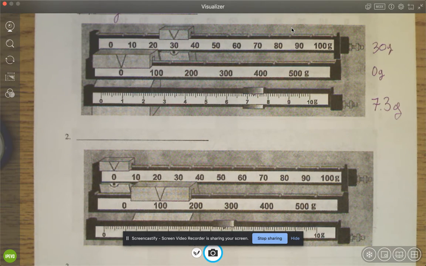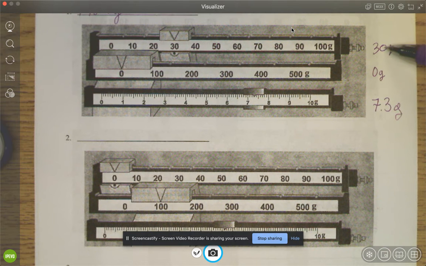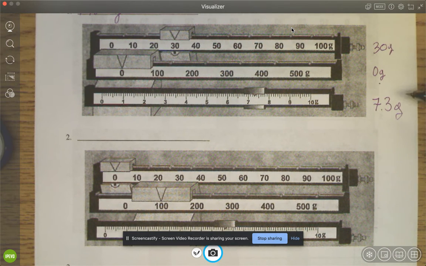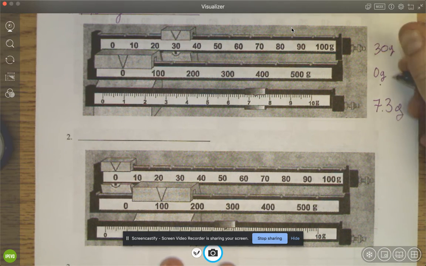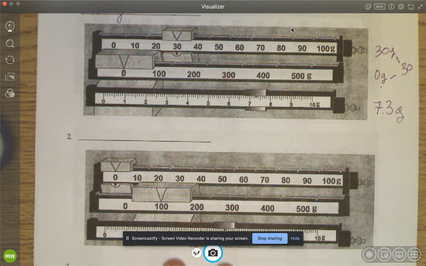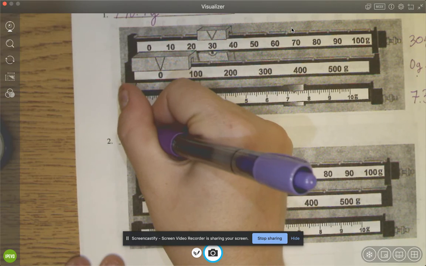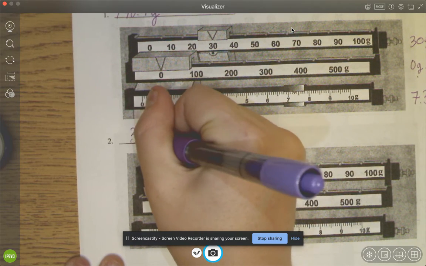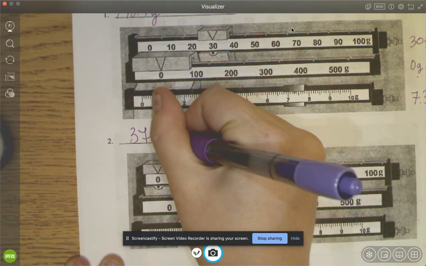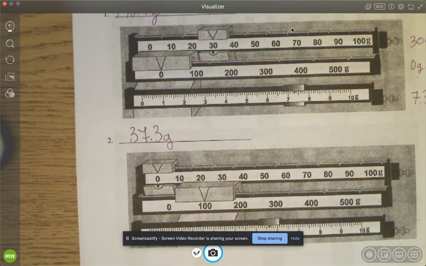So 30 plus 0 is 30. Go ahead and put that right there. Now 30 plus 7.3 is 37.3. So put 37.3 grams. And remember, units, units, units.